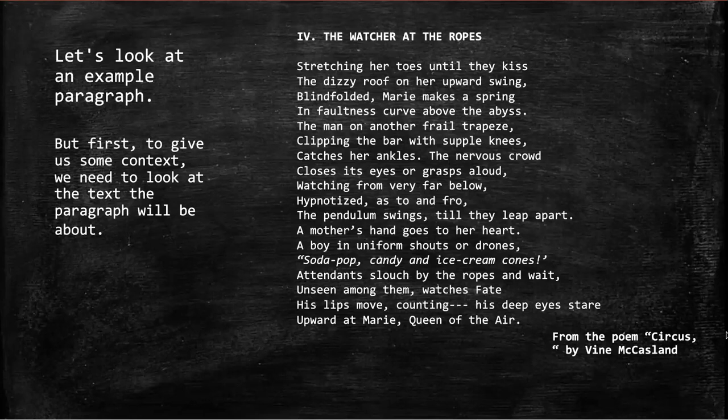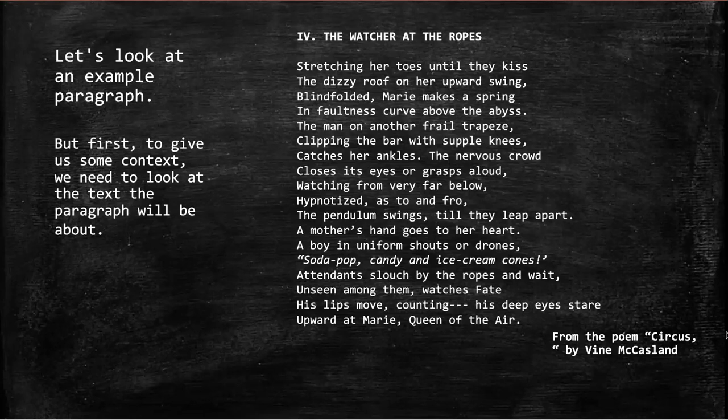A mother's hand goes to her heart. A boy in uniform shouts or drones, "Soda pop, candy, and ice cream cones." Attendants slouch by the ropes and wait. Unseen among them watches fate. His lips move, counting. His deep eyes stare upward at Marie, Queen of the Air.